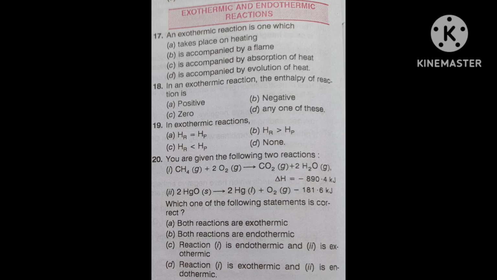Second reaction is 2HgO, mercuric oxide. On decomposition it gives 2Hg, which is liquid mercury, plus O2, and here the value is minus 181.6 kilojoule. Which one of the following statements is correct?